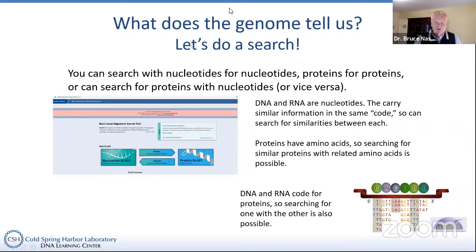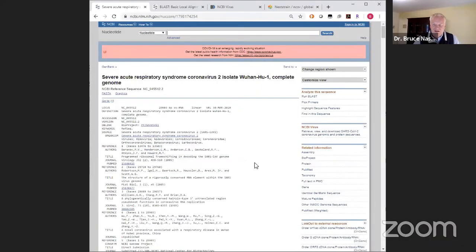Now, for now, what I want to do is use the nucleotide sequence of this virus to look and see what we can find, okay? So I'll go back to my hits to this Wuhan-Hu-1 complete genome, the first of the genomes that were ever looked at.